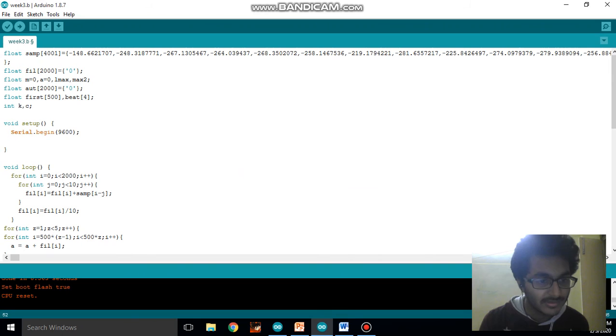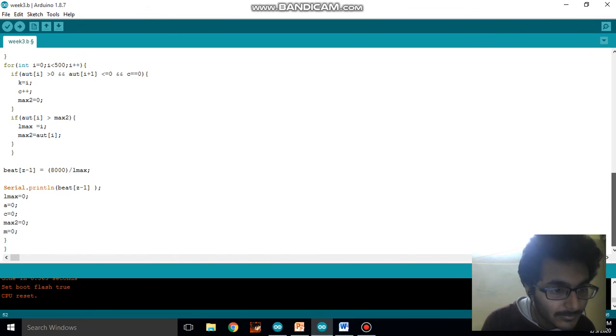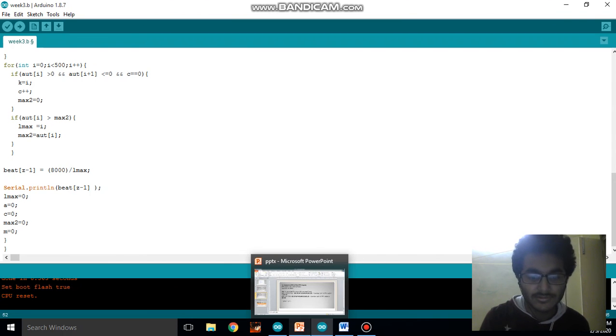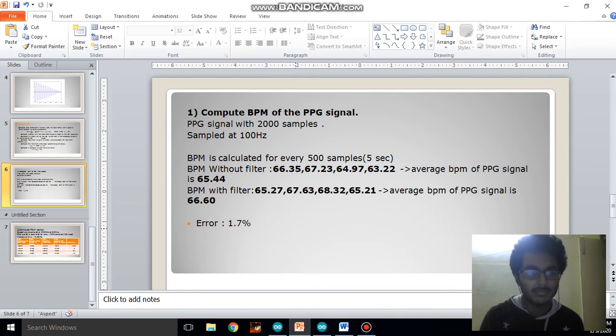You can see that everything is the same, except we need it for 8000 samples, and when we divide it we get the Lmax. So everything is done the same.